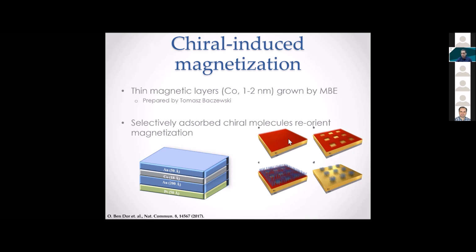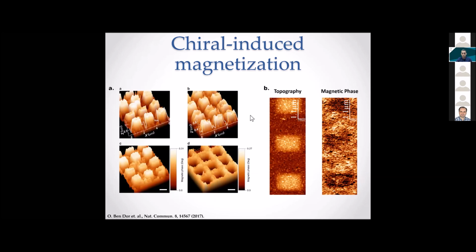So there was selective adsorption of molecules on the surface of the sample, and then the magnetization was measured using AFM and MFM, so topography and magnetization. One can see that these regions in which the molecules were adsorbed show clear topography, an AFM image showing this monolayer of chiral molecules adsorbed on the surface.